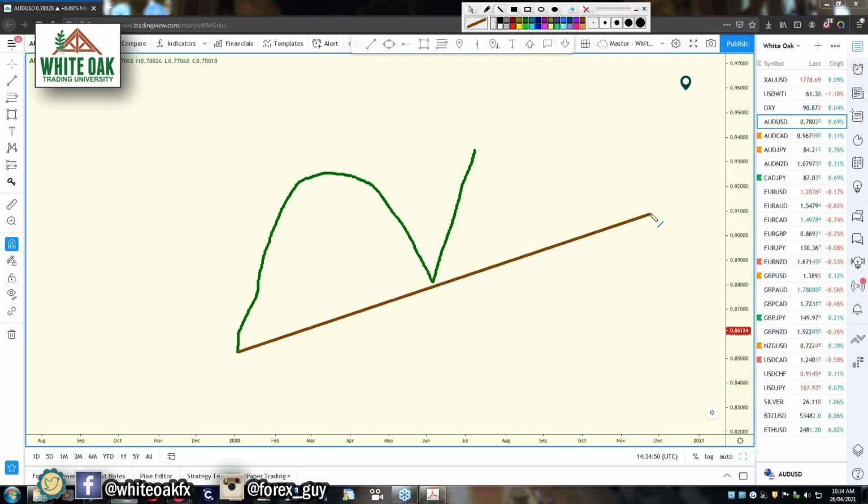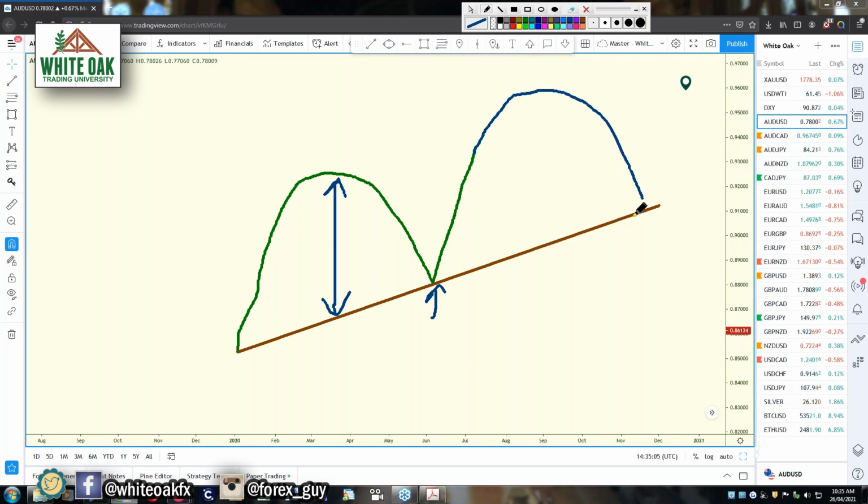So you see the distance between here and here. When it contacts here, you can assume that it's going to make the same distance. That means the height of how high it moves up will be somewhat similar. It could be a little bit more, could be a little bit less, but we know that to be true.